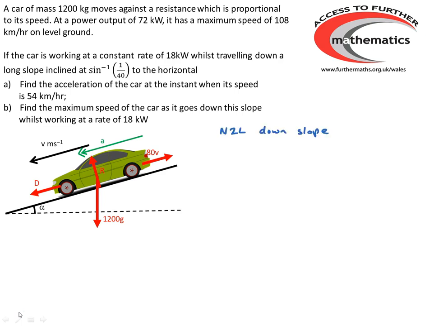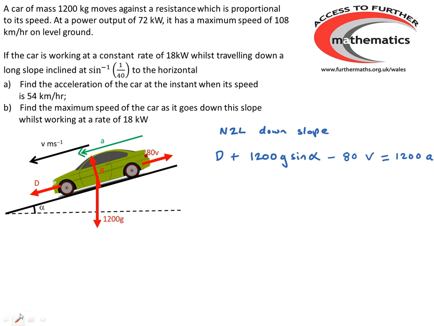So if we apply Newton's second law down the slope, we've got D plus the component of the weight down the slope, which is 1200 g sine alpha, minus 80v must equal the mass of the car, 1200 times a.